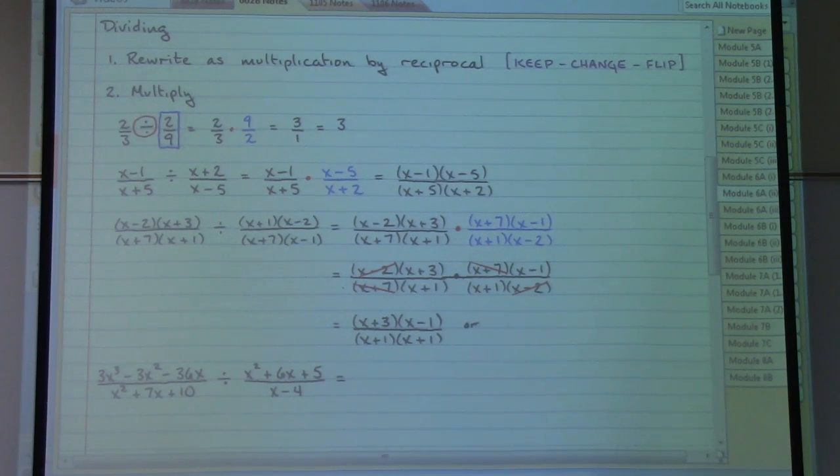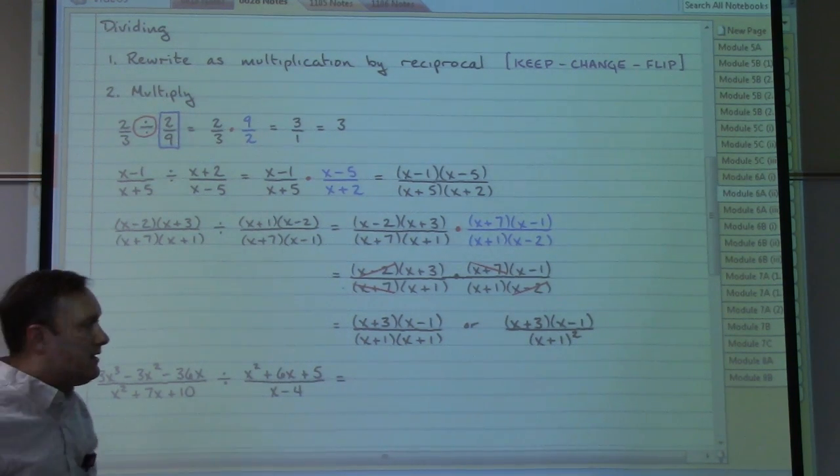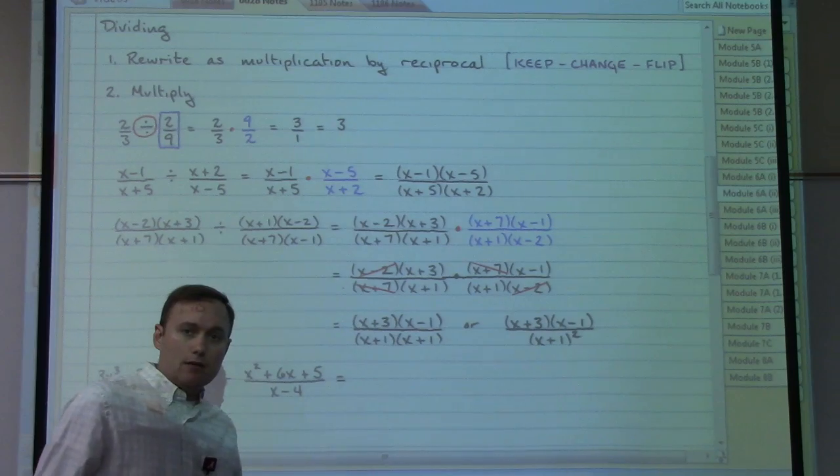Or like we had done a minute ago, we can say that the denominator here could be condensed slightly, where we could write in x plus 1 in parentheses squared as a slightly condensed version of that particular answer.